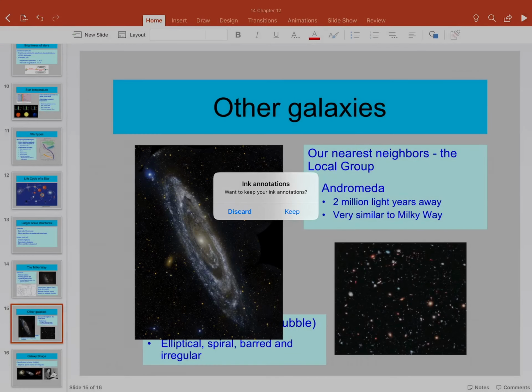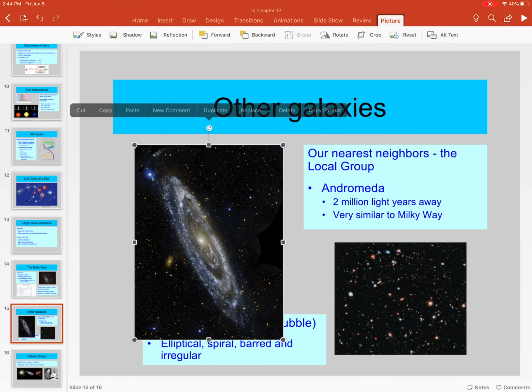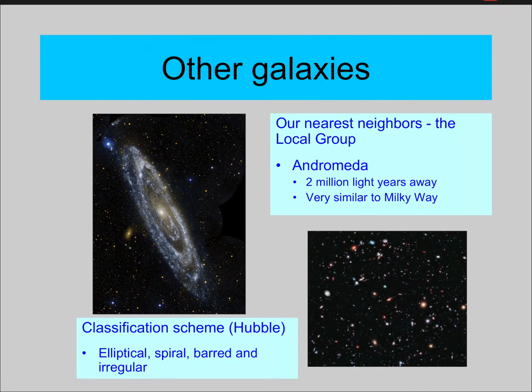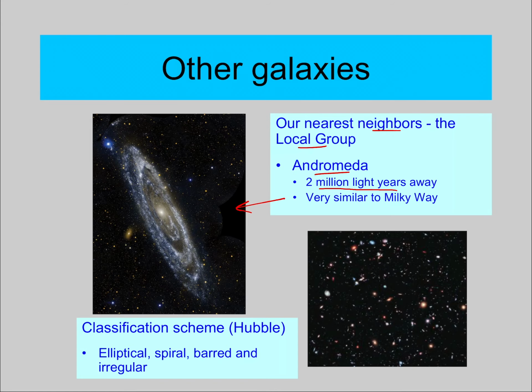Let me see if I can make this image smaller so we can see. Here we go. There are other galaxies. Our nearest neighbor within the local group is Andromeda. It's still 2 million light years away, so it's really far away, but it's structurally very similar to the Milky Way, meaning it has a nucleus, and it has the same spiral nature, a halo on top and on the bottom, and it's similar-ish in size, and so that's the closest other galaxy to us that is like us.